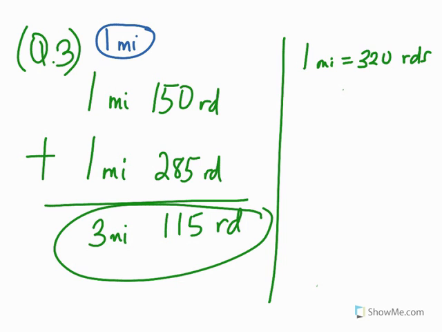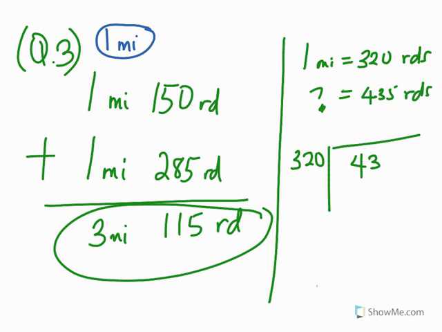So 435 rods will be how many miles? They want to convert to miles, then the excess they will now add. Although this is a longer method, if you watch the previous videos, we need to divide. So we just do 320 divide 435, we have 1 times 320 is 320. Then when you subtract, you now have 115.